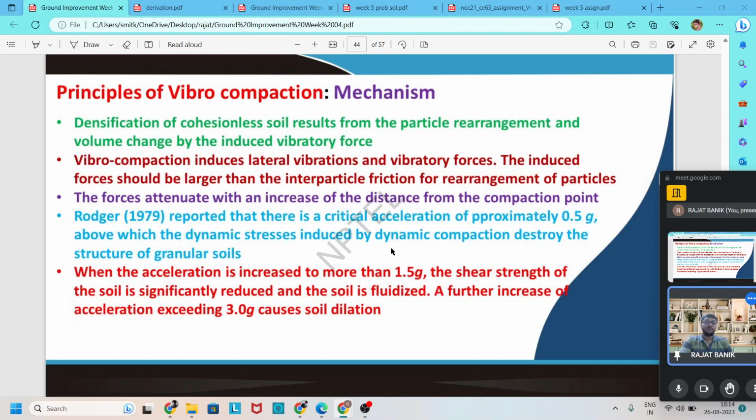stress is induced by dynamic compression and destroys the structure of the granular soil, and then the particles come close to each other. And also if we further increase the acceleration, the shear strength of the soil will significantly reduce. If we increase it further, up to 0.3 g, it reduces further and fluidizes the soil.